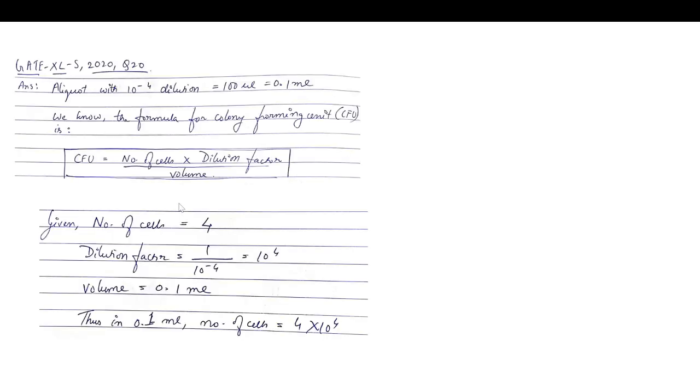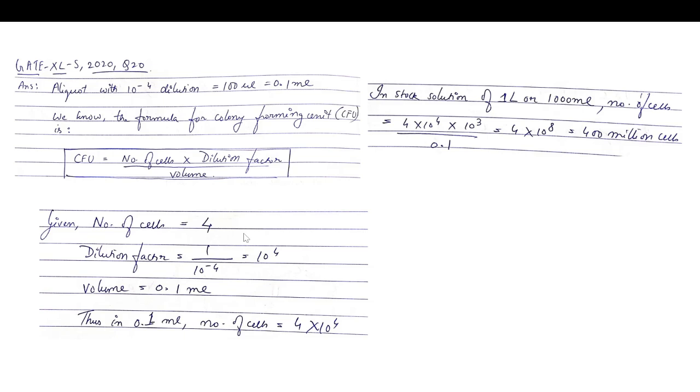So how many cells are actually present in the 100 microliter or 0.1 ml? That is 4 multiplied by 10 to the power 4, because the dilution factor here is 10 to the power 4. Now, in the stock solution of 1 liter or 1000 ml, how many cells should be present?